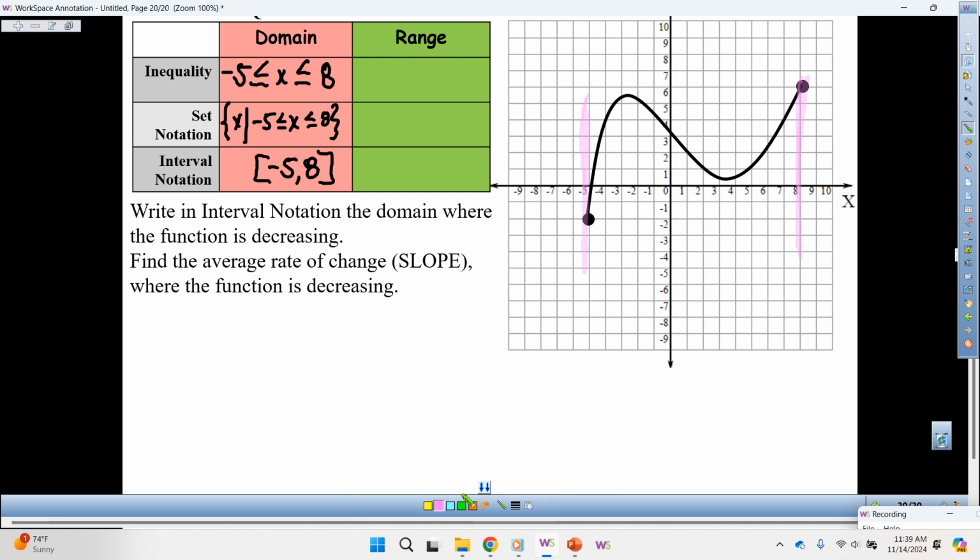I'm going to switch colors to green highlighter. From the bottom to the top, what are the Y values? Tell your neighbor what are the Y values that we're going to use. Gabriel, pass him one. Sebastian, the lowest value. -2, let's double check. Looks about right. And the highest value? 6. Looks about right.